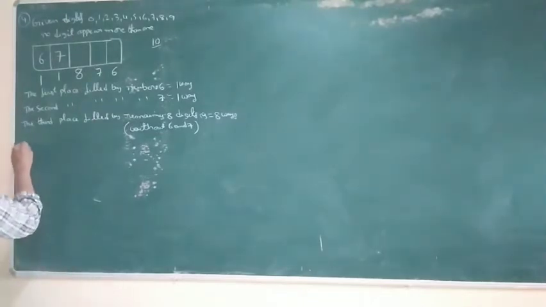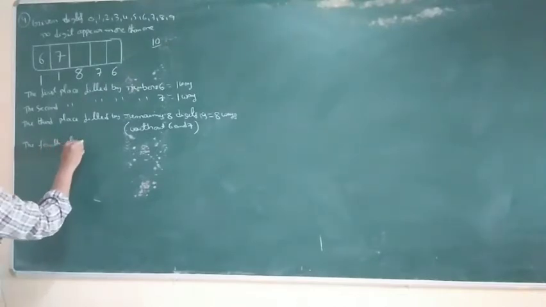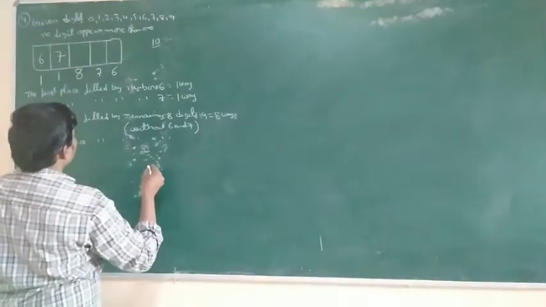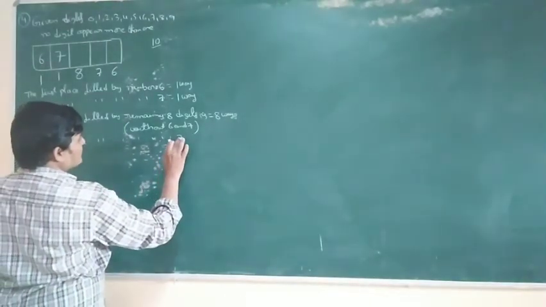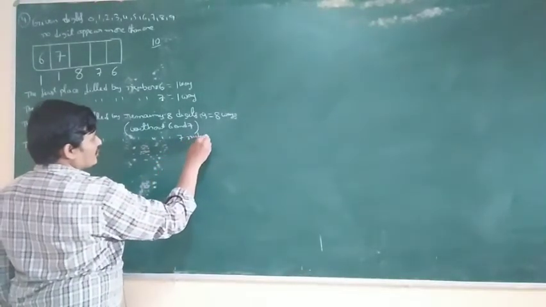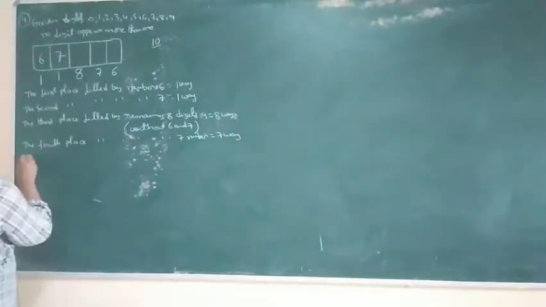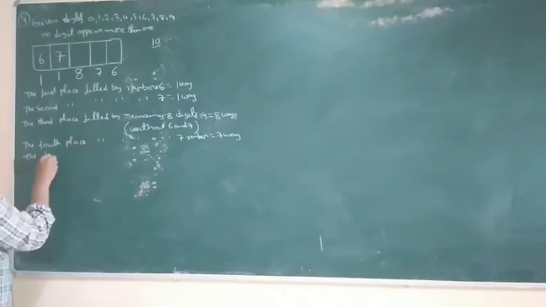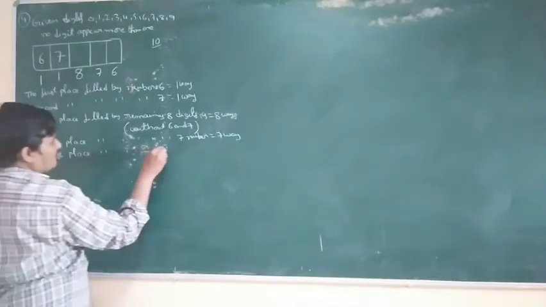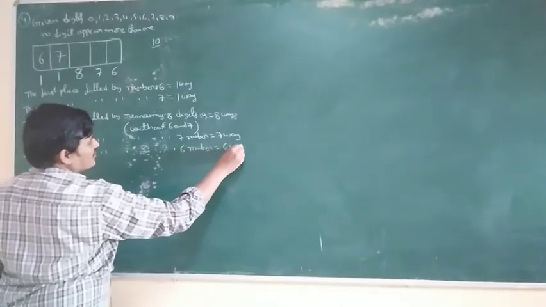The fourth place is filled by 7 numbers, so that is equal to 7 ways. Next, the fifth place is filled by the remaining 6 numbers, so 6 ways.